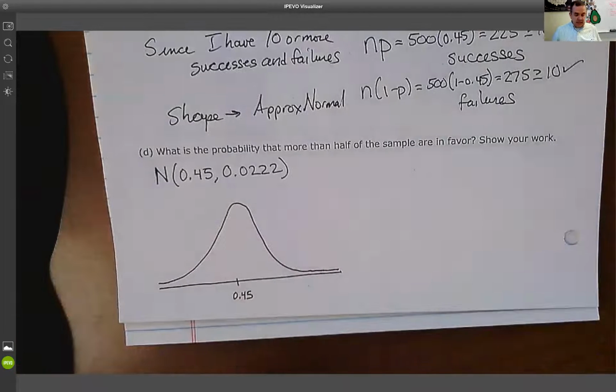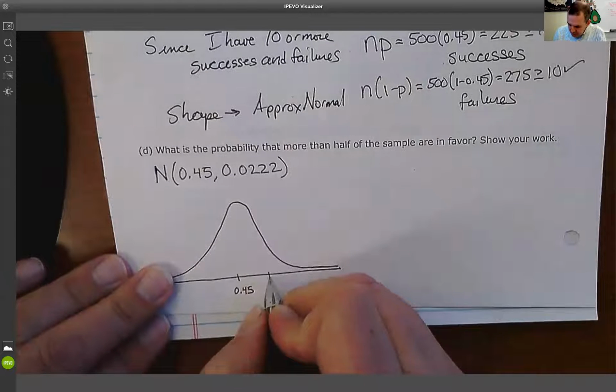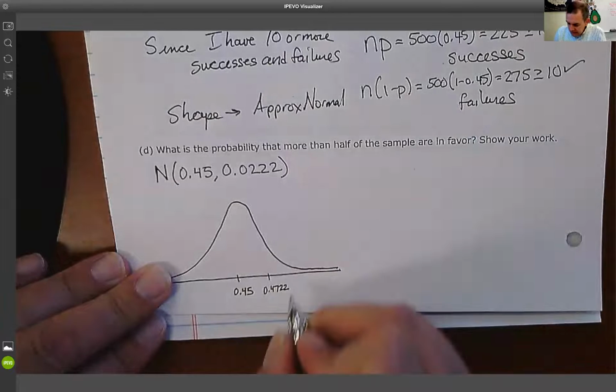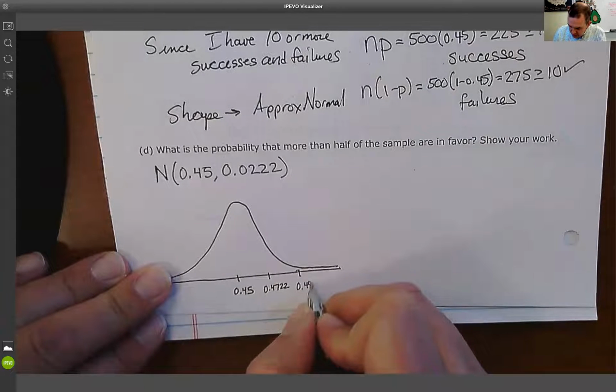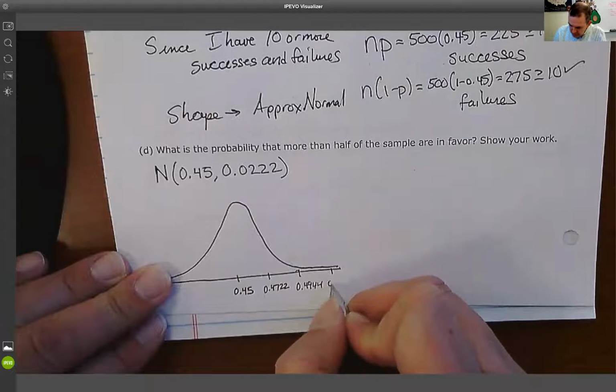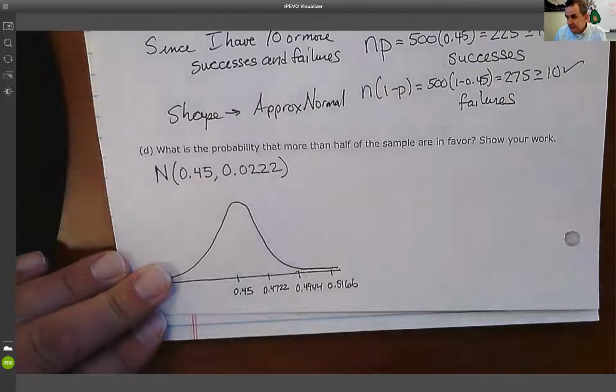And then I can figure out what those plus and minus 3s are. So the pluses are going to be relatively easy. This is going to be 0.4722. The next one is going to be 0.4944. And this last one is going to be 0.5166.